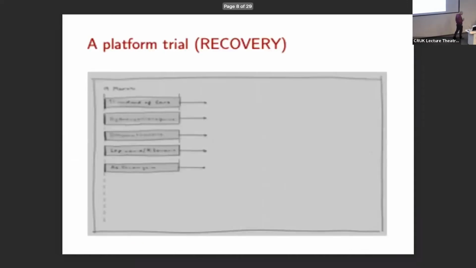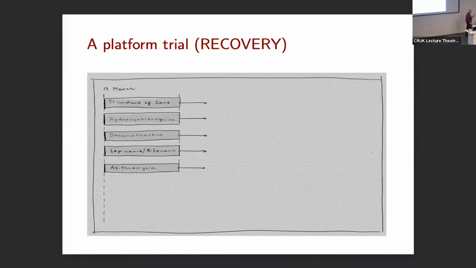So, going to the COVID setting, one of the studies that I got involved with is the recovery trial. And here is a schematic of the beginnings of the study. So if you can't read my handwriting there, we get 4 different treatments at the onset of the study compared against standard of care.